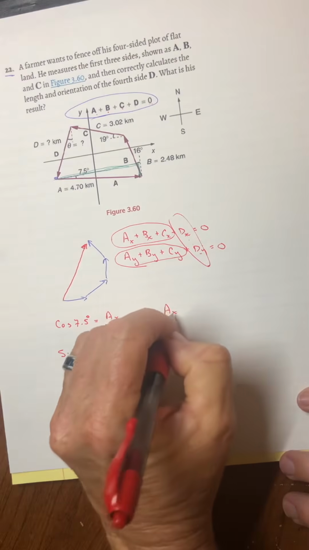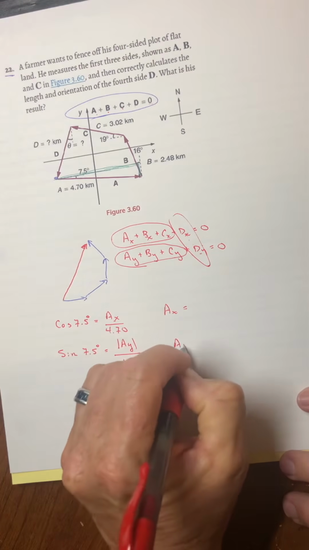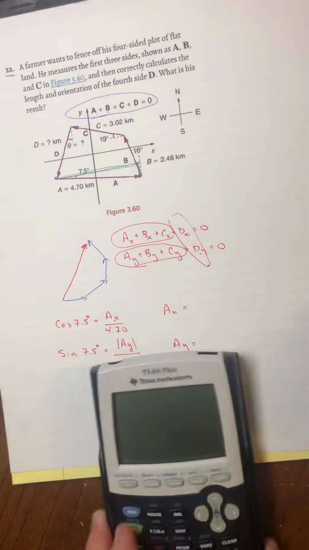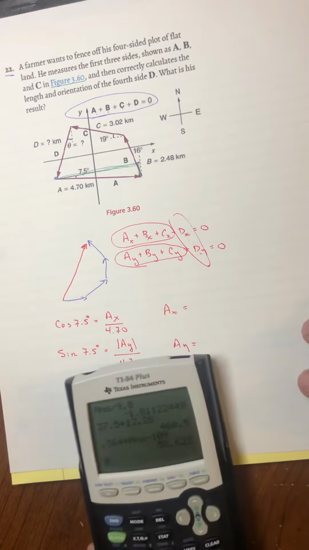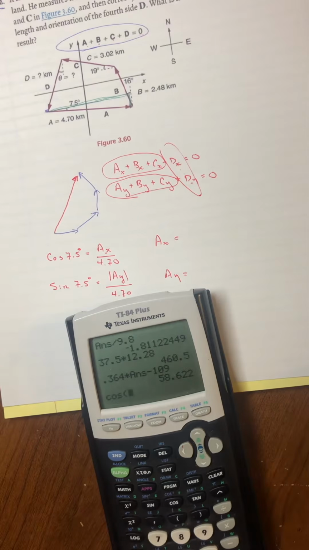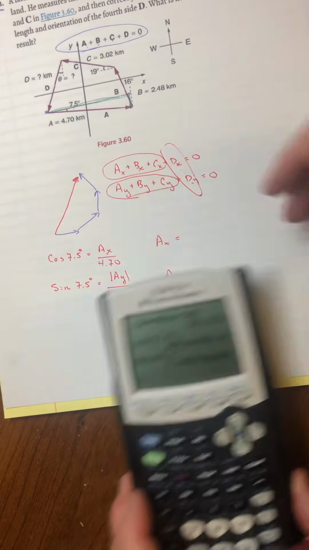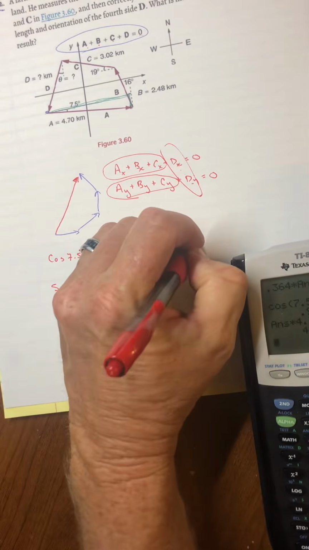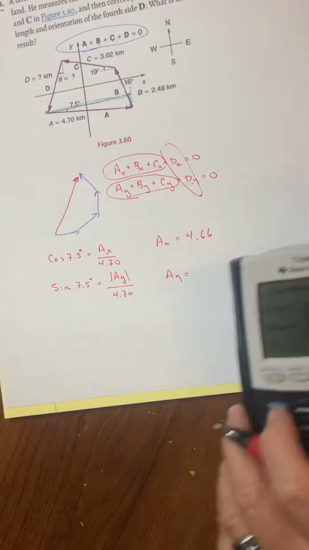So that means I could get AX and AY fairly easily by taking the cosine of 7.5 and multiplying it by 4.7, and come up with 4.66.